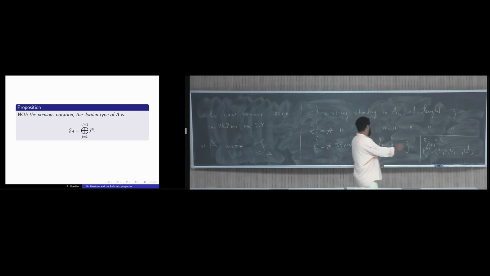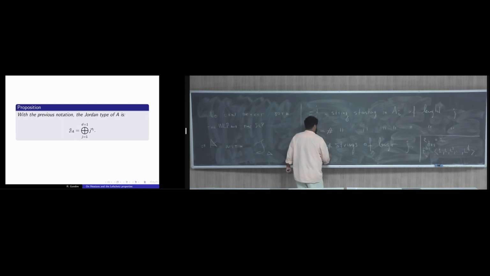More or less by definition and by interpretation of these numbers, the Jordan type of A is J. Sorry, my notation is not consistent.